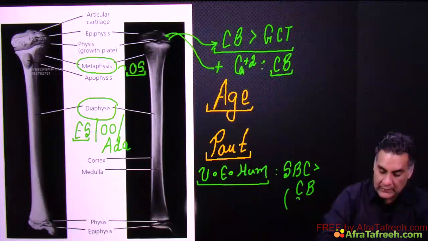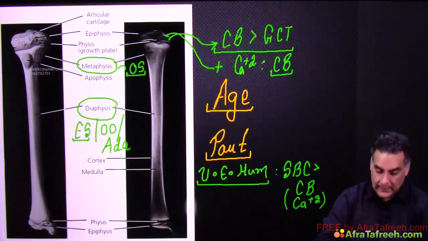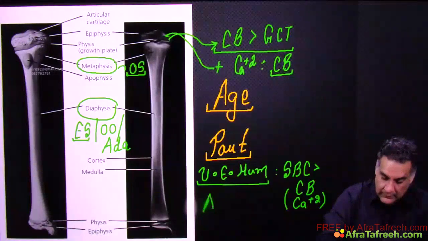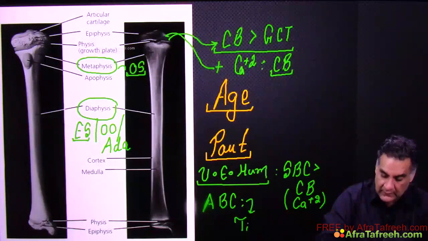But we know that chondroblastoma is calcified. Similarly, remember for the aneurysmal bone cyst, it's more common in lower limbs. Tibia is very common.